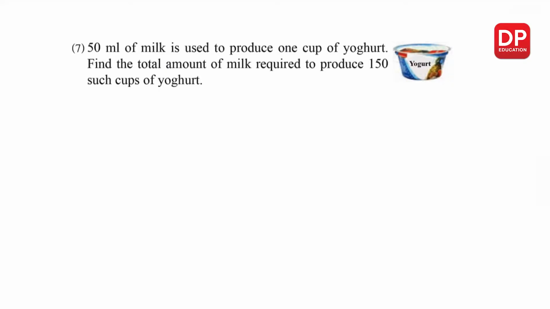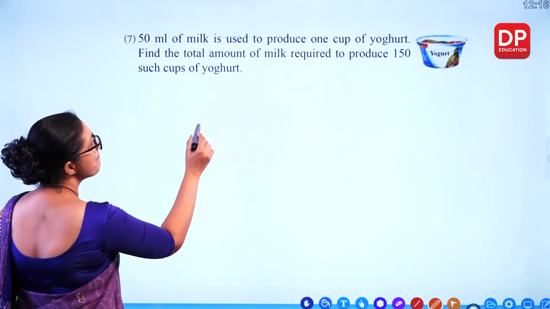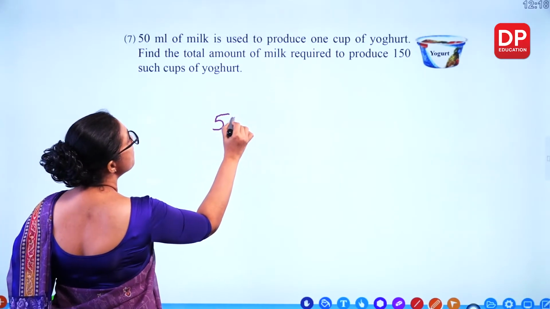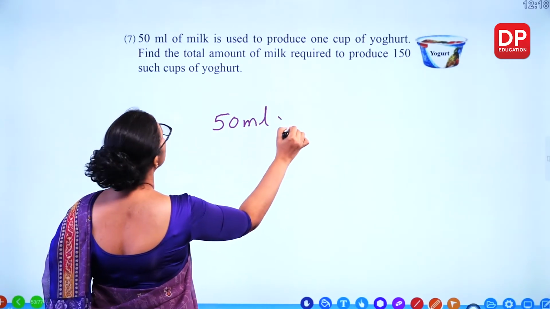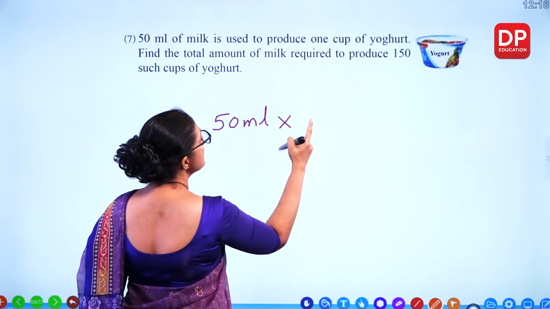Question number 7. 50 milliliters of milk is used to produce 1 cup of yogurt. Find the total amount of milk required to produce 150 such cups of yogurt. Multiplied by 150. For 1 cup, you need 50 milliliters.